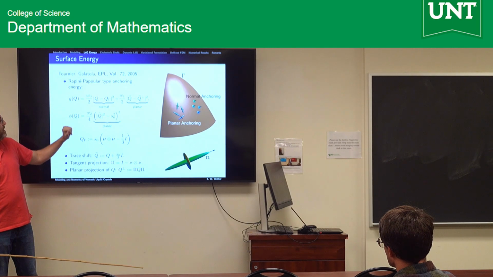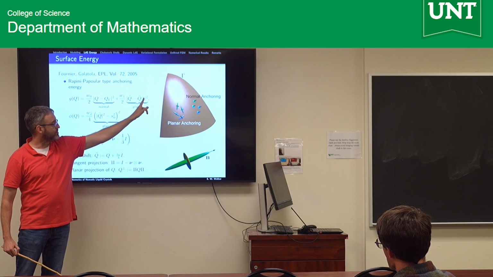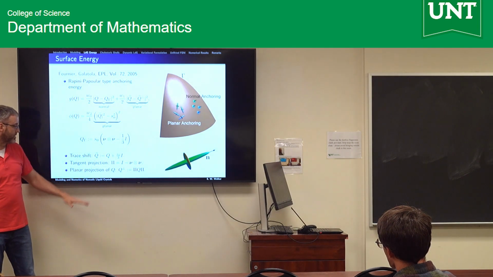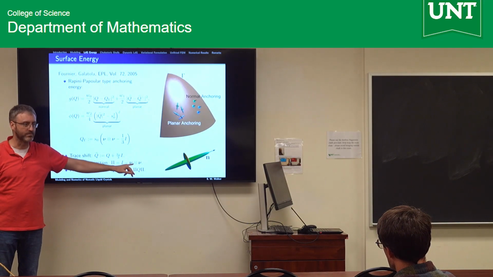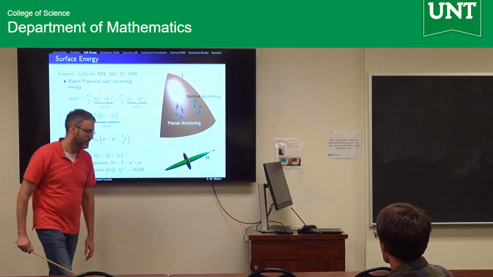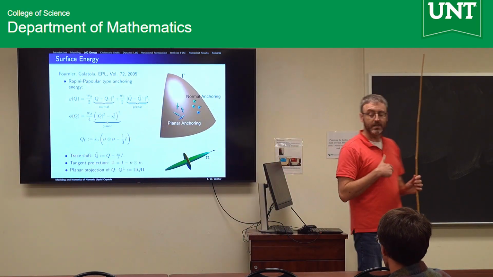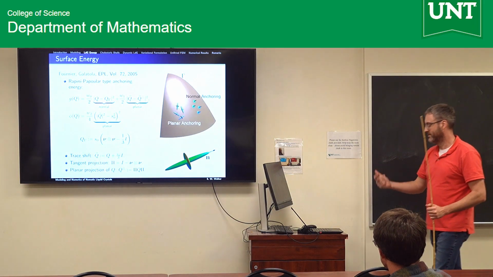Or you have planar anchoring, and this is trying to drive Q to a planar state. This pi is just the surface tangent space projection operator. But anyway, you put these into the energy, and they're effectively penalized.